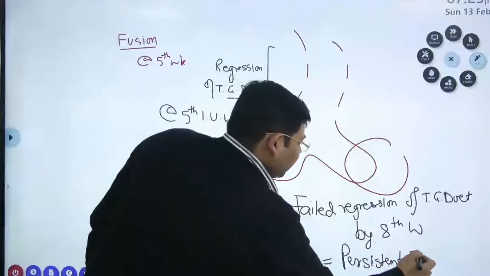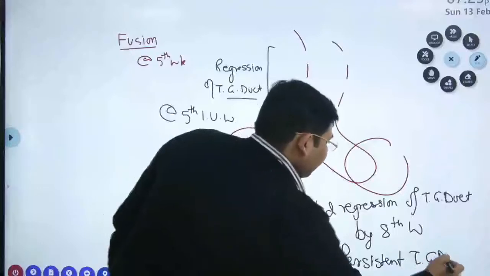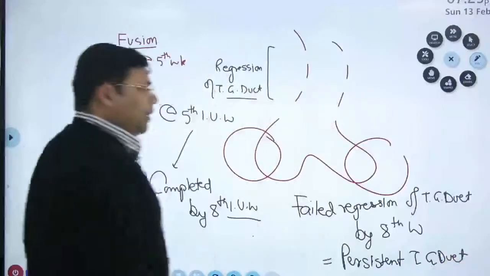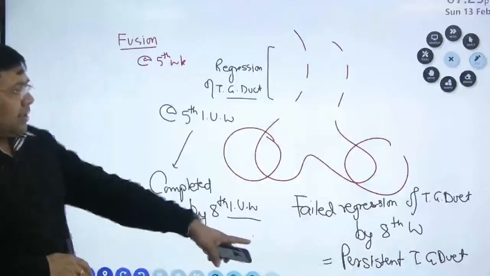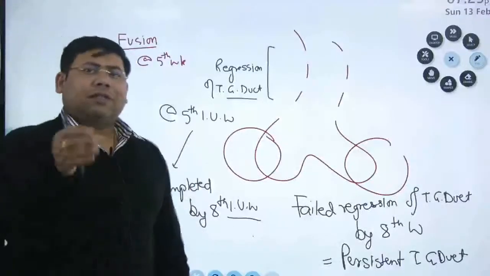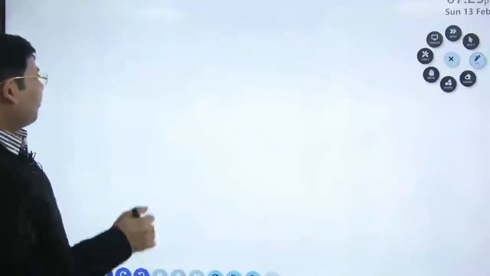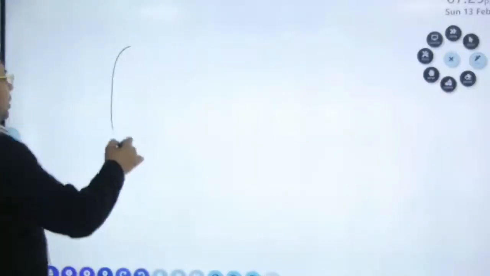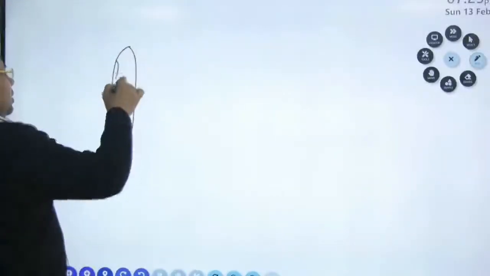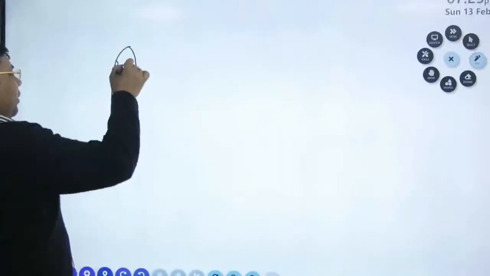Now there are a lot of things which are persistent, but they never convert into a cyst. Why does this thyroglossal duct convert itself into a cyst? This is also a very simple concept: this thyroglossal duct is persistent and is present in a newborn.